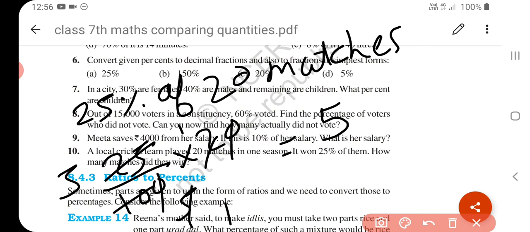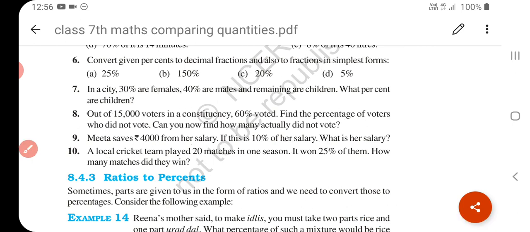First of all you have to write what is given: total number of matches played is 20, and part of matches won is 25%. So you have to find 25% of 20 matches, 25 upon 100 into 20. Your answer is 5. The team won 5 matches.